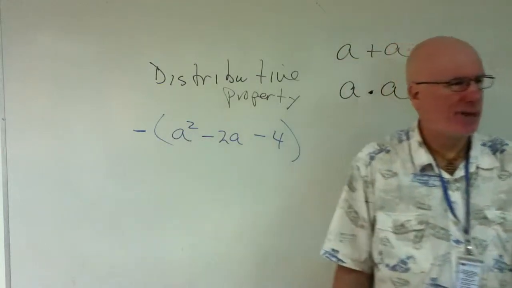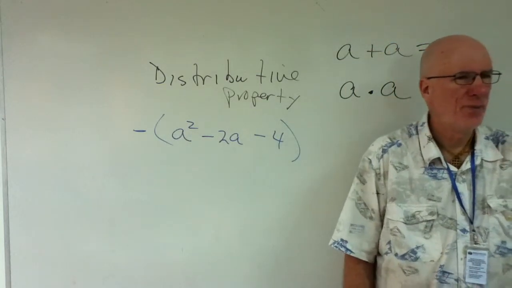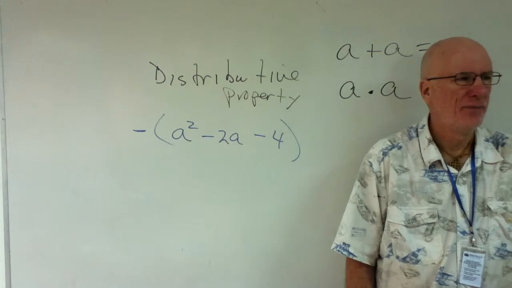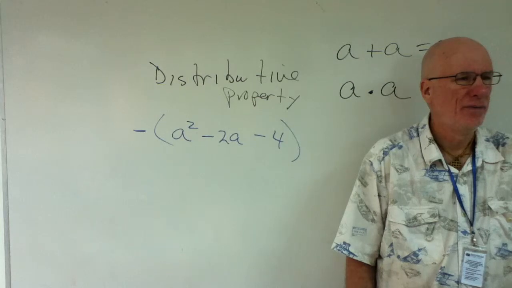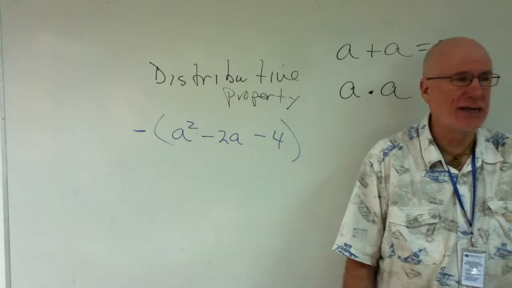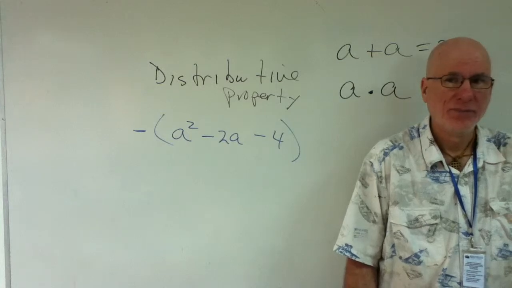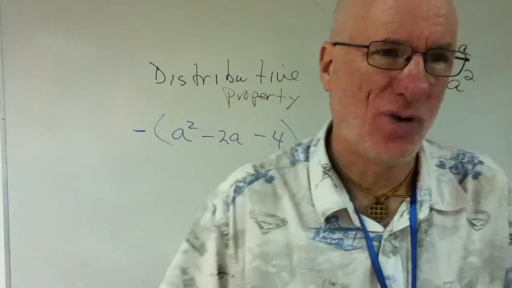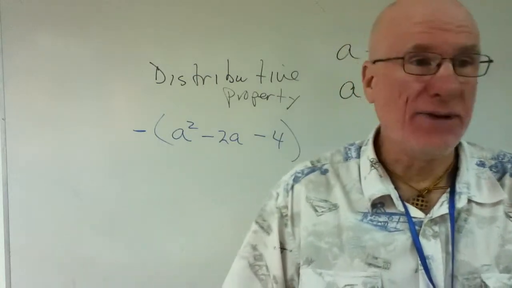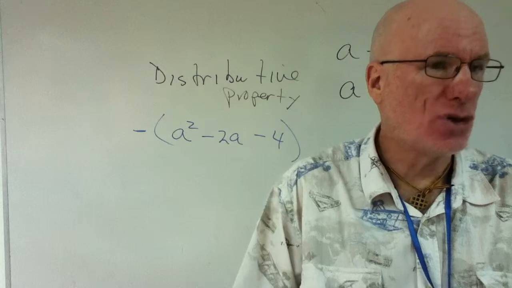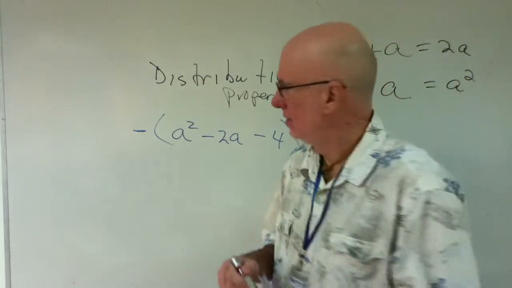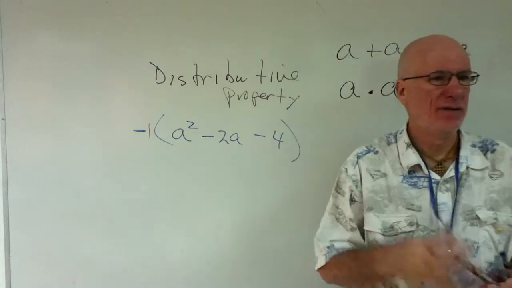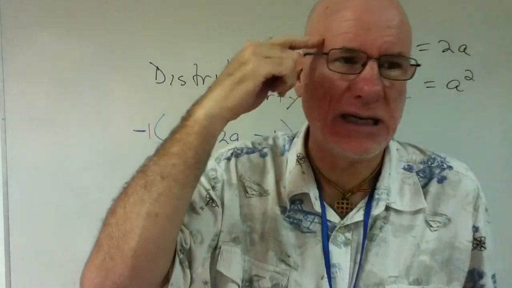What does that negative sign mean? It's a negative sign. But what is it in reality? A negative 1. I'm going to draw the invisible 1 in. We don't see that, do we? That's just what our mind sees.